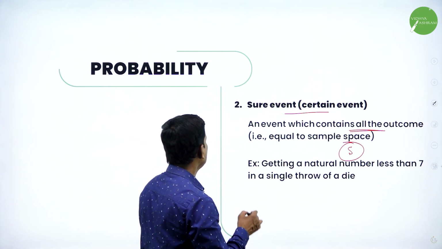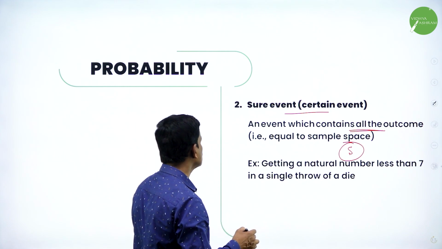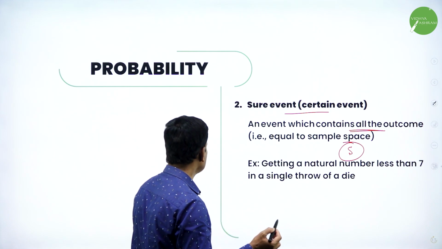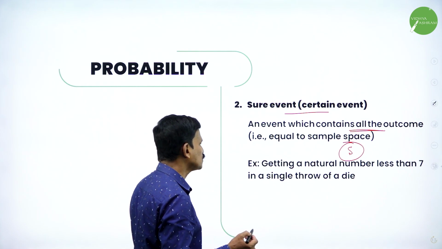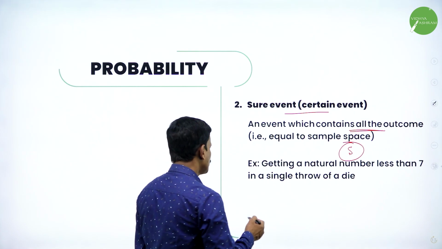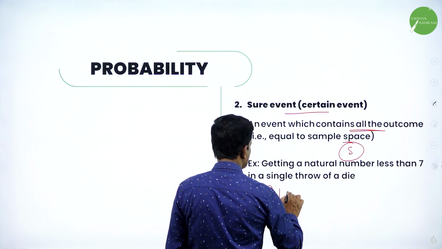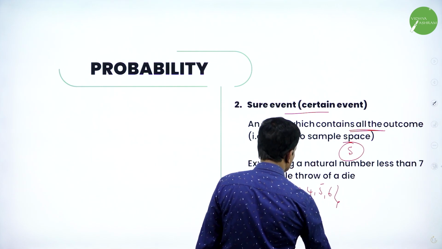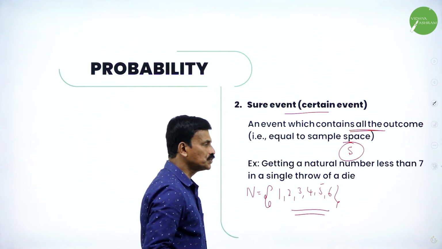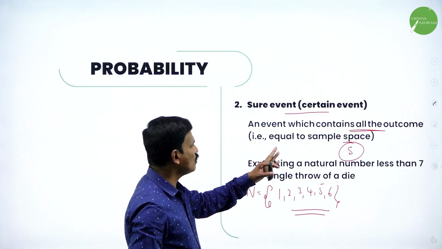Let us take an example. Getting a natural number less than 7 in a single throw of a die. The natural numbers in a single throw of a die are 1, 2, 3, 4, 5, and 6. This is an example for a sure event, since the event contains all the outcomes.